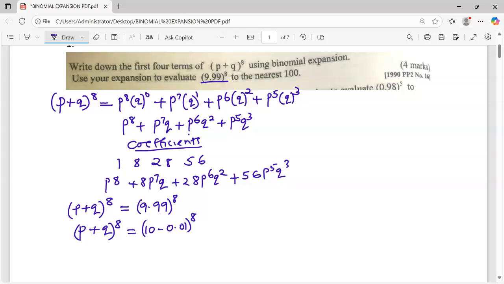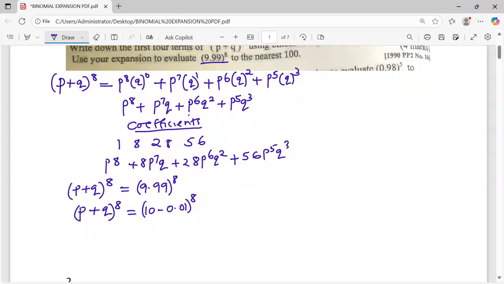If you take 10 minus 0.01, you are going to get 9.9, and that is how we manipulate that. 8 and 8 will cancel, such that p becomes 10, then q becomes negative 0.01.